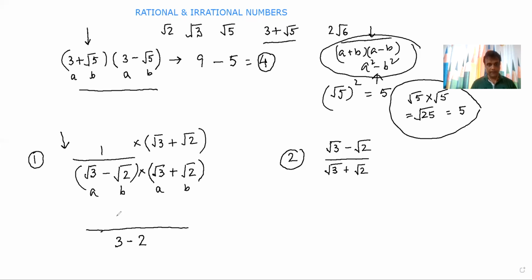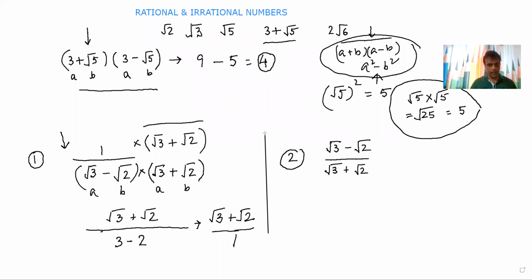All right, now we are left in the numerator only with this, root 3 plus root 2. And this is the final answer, which can be further simplified as root 3 plus root 2, and the denominator will be 1. Whether you write it or you don't write it, it is one and the same thing.